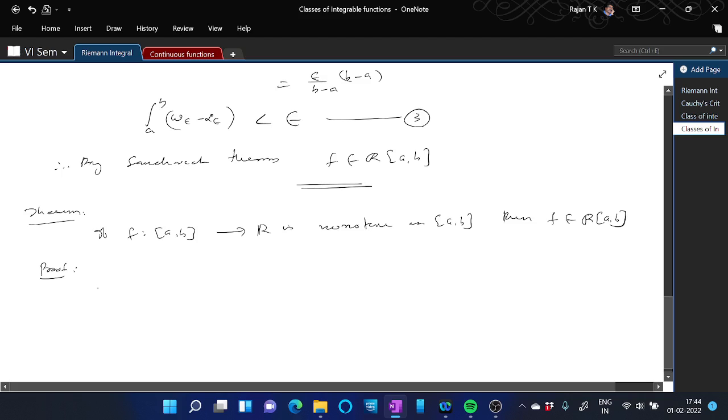Given f is monotonic, so let us assume that f is monotonically increasing for the time being. Let f be monotonically increasing on closed interval [a,b].